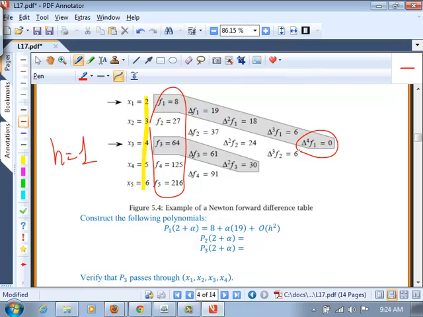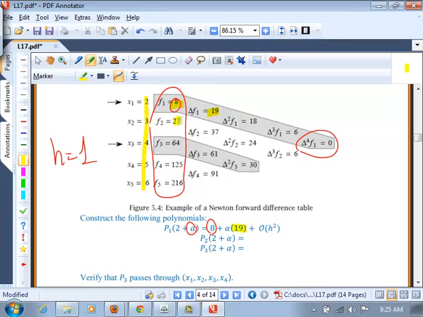Now, how would I construct a first degree polynomial using 2 as a reference point with 8 as F1? Okay, so I have only 2 plus alpha. Well, I need to take the first coefficient, 8, and then the second coefficient, 19 times alpha, and that's it. Okay, that's a linear polynomial that will go through these 2 points. If I ask you for a quadratic, what will that be? Just left it open.